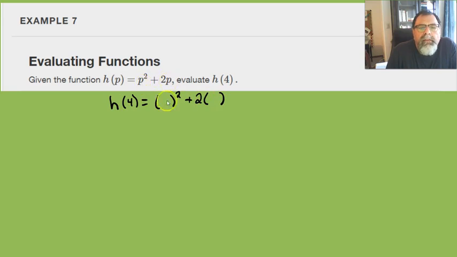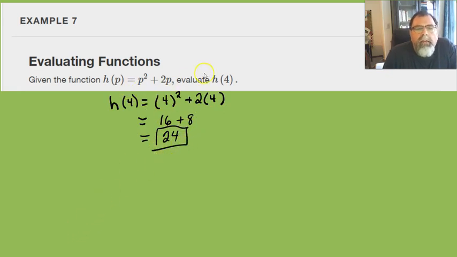So take all the p's out, put a blank parenthesis. We're going to plug in 4. So we substitute 4 for all those p's. And then we just calculate this using order of operations. So 4 squared is 16. 2 times 4 is 8. And then we get 24. And that's our answer.